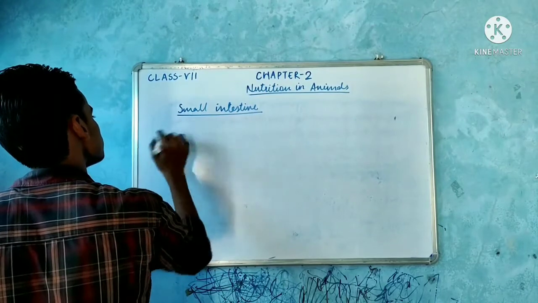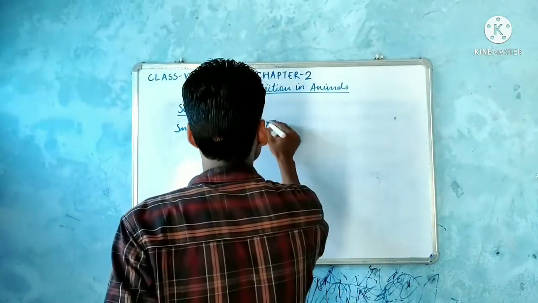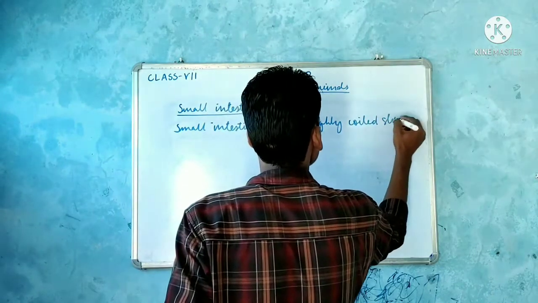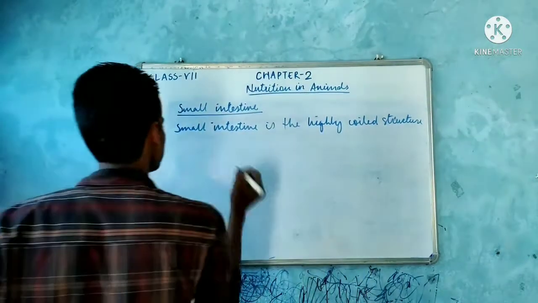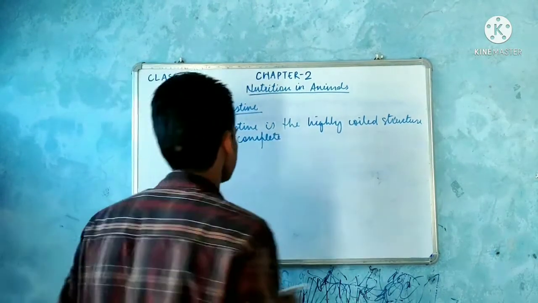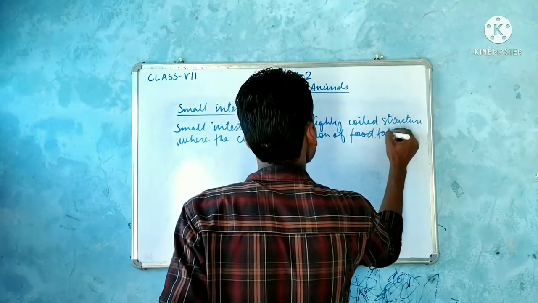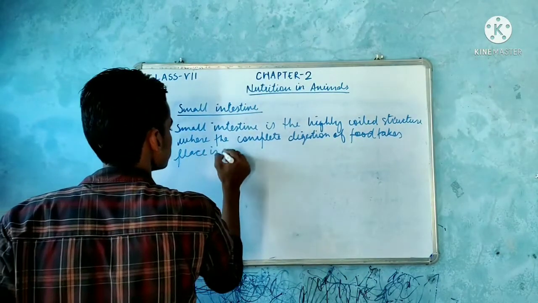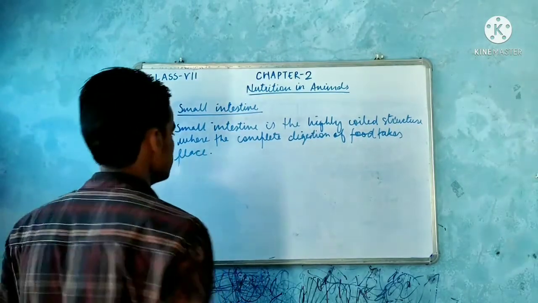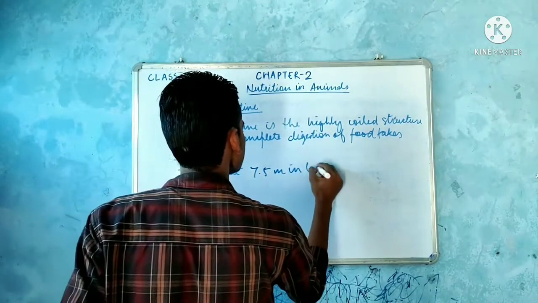The small intestine is the highly coiled structure where the complete digestion of food takes place. It is about 7.5 meter in length.